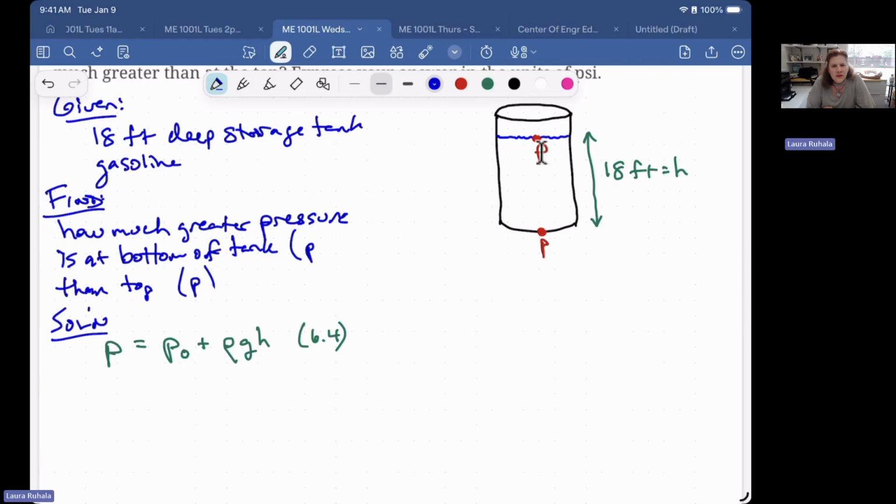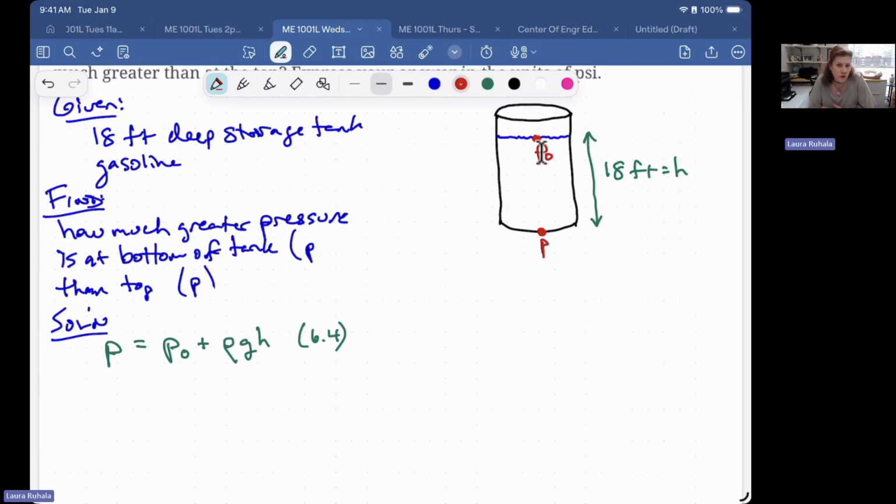What's going to have the minimal pressure, the top of the tank or the bottom of the tank? The top of the tank. The only pressure you have at the top of the tank is atmospheric pressure. So that is my P naught.